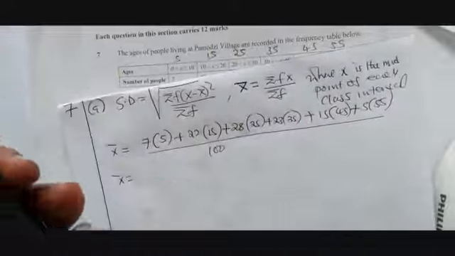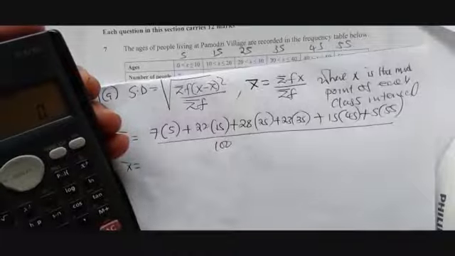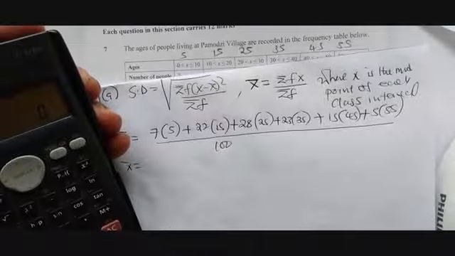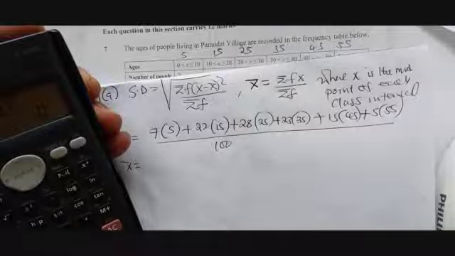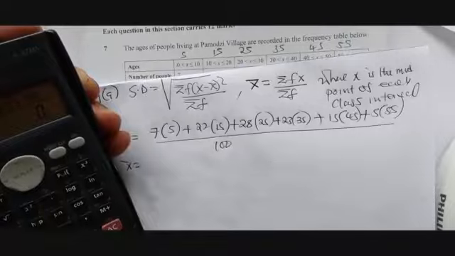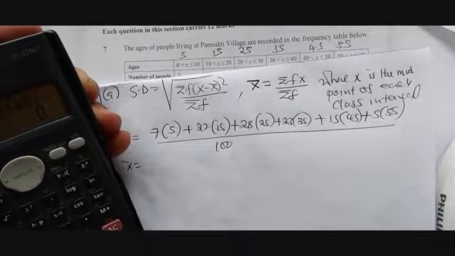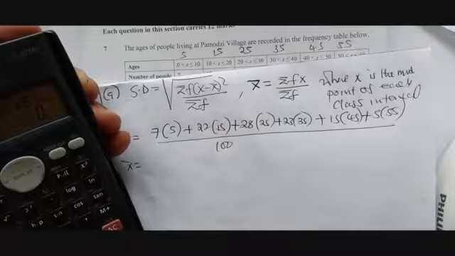All right? So your x bar will be equal to, you work out now what is here. The way I'm doing it, 7, open bracket, 5, you close, plus 22, open bracket, 15, close, plus 28, open the bracket, 25, close, plus 23, open the bracket, 35, you close, plus 15, open the bracket, 45, you close, plus 5, open the bracket, 55, you close.